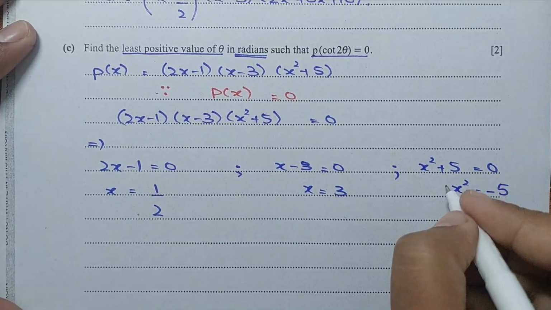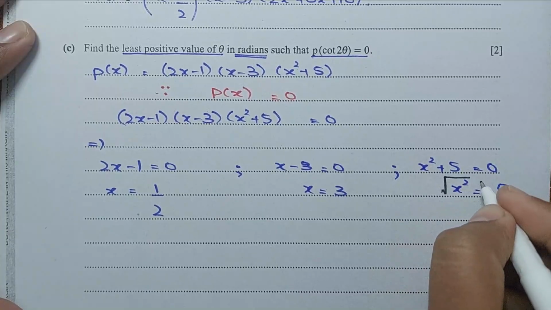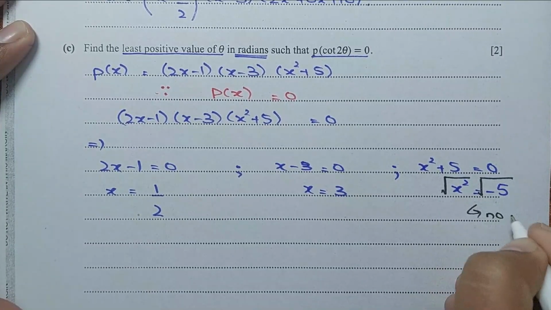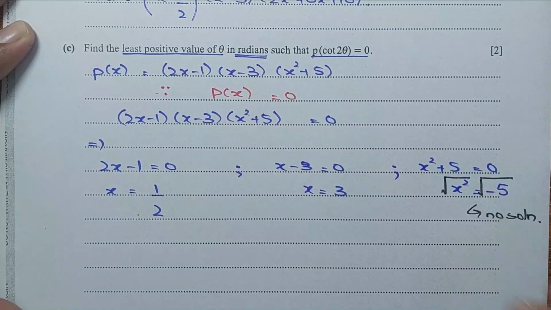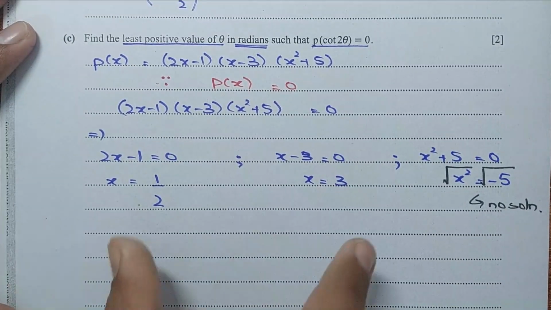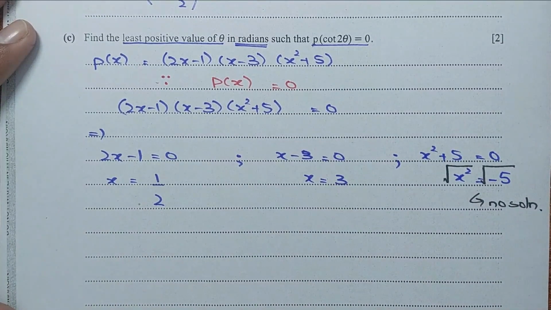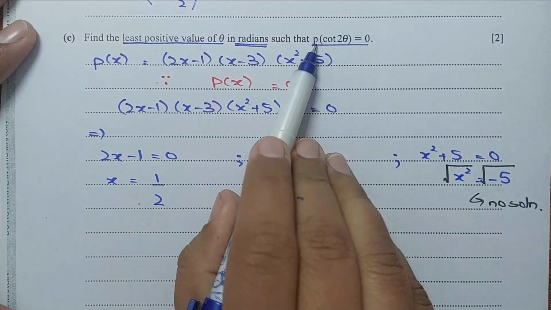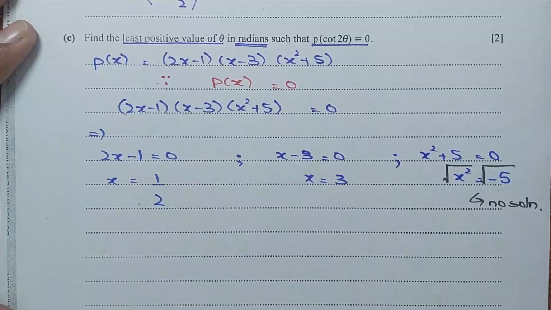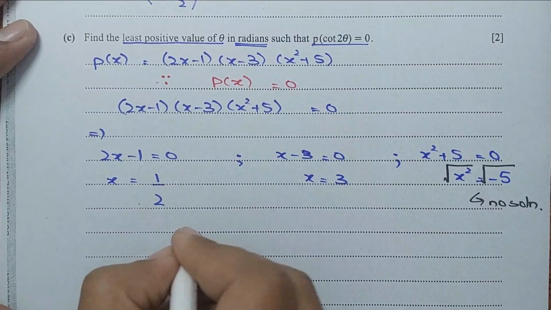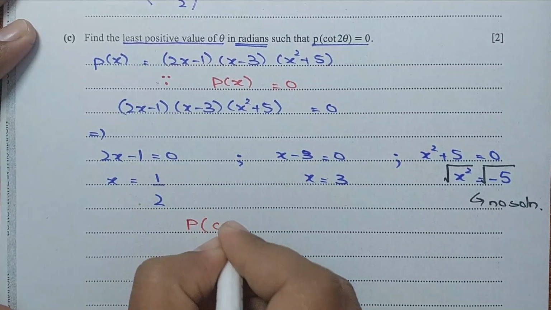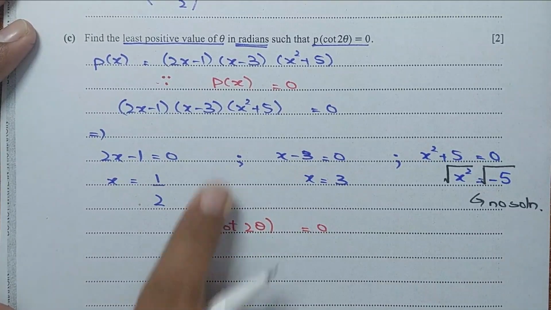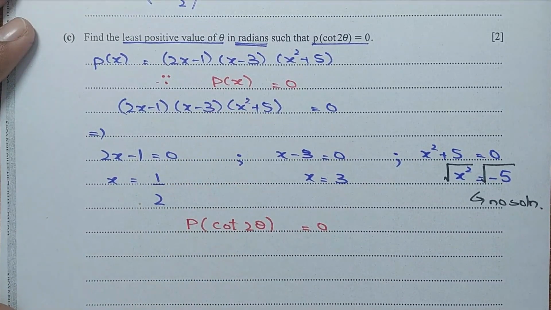Why? Because when we take the square root on both sides, the square root of a negative number is a complex root. It does not exist. So we have solutions from these two cases. When p of x equals 0, you will get this. And when p of cot 2 theta equals 0, it means x is replaced with cot 2 theta.